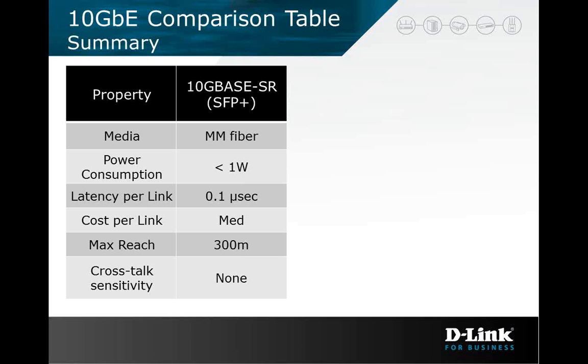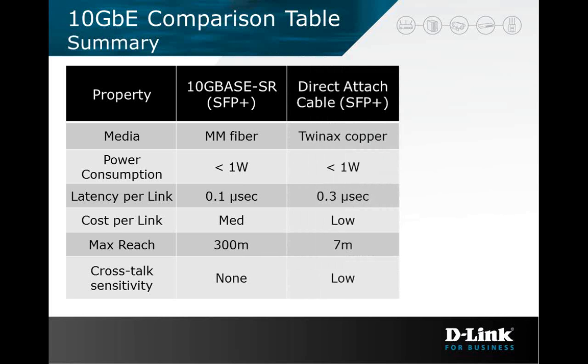Latency per link is very low, 0.1 microseconds. Cost per link, I used to say it's high, but fiber costs have come down, so I'll put medium here for multimode fiber. Maximum reach, we talked about on OM3, is 300 meters, pretty close to 1,000 feet. Crosstalk sensitivity is basically none when it comes to optical fiber.